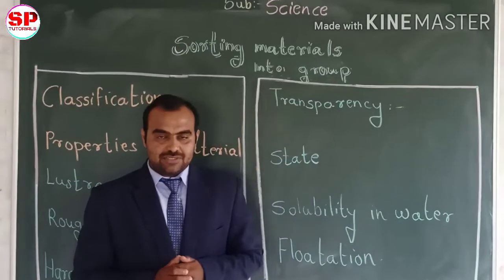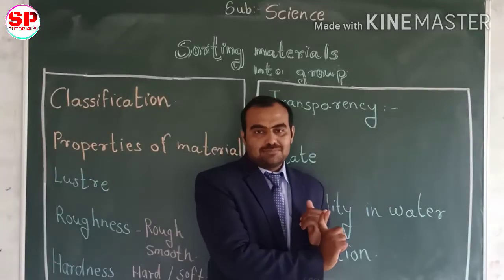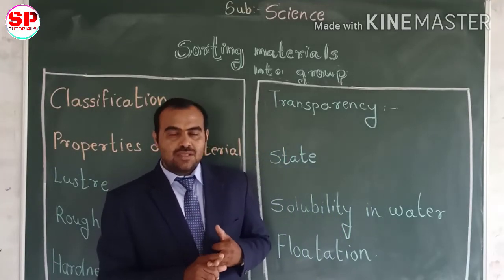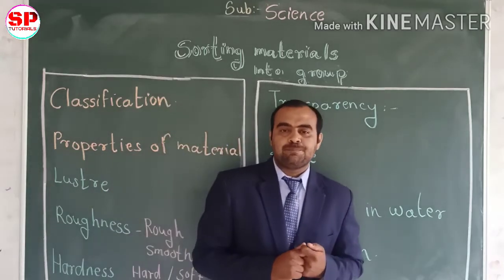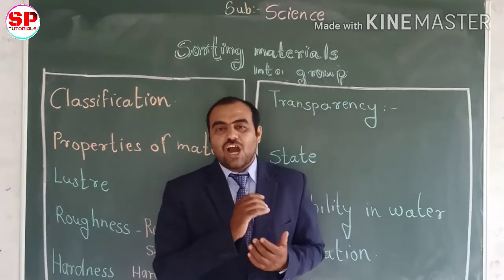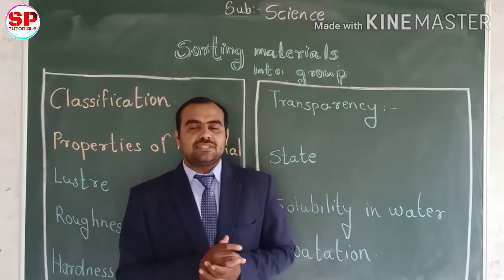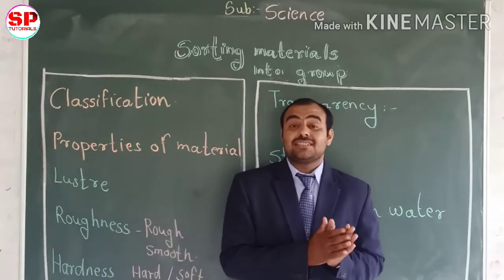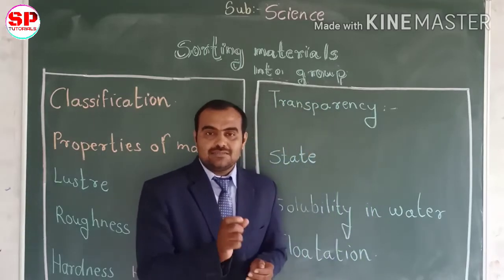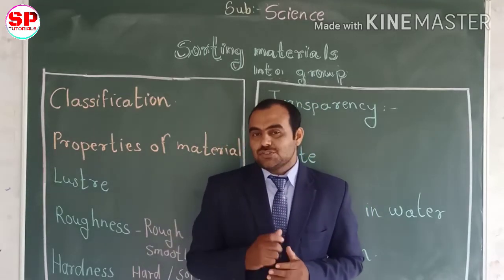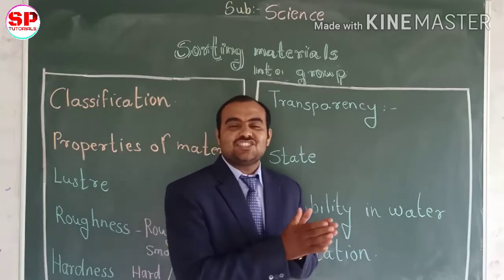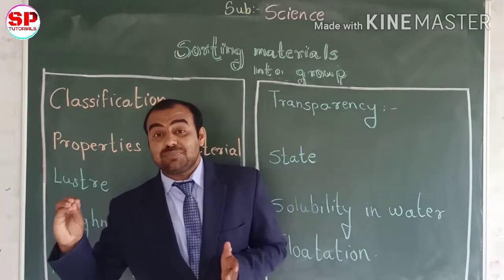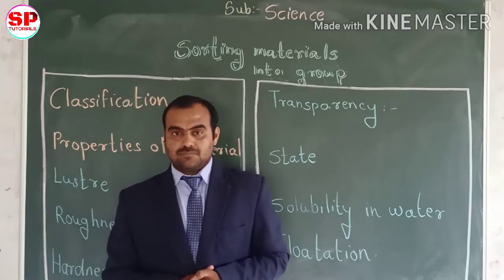Examples of liquids: water, oil, shampoo, honey, milk. All of those are liquid things. The next state of matter is gas. What are the characteristics of gas? Gas does not have a specific shape.